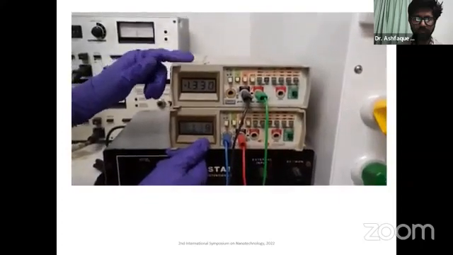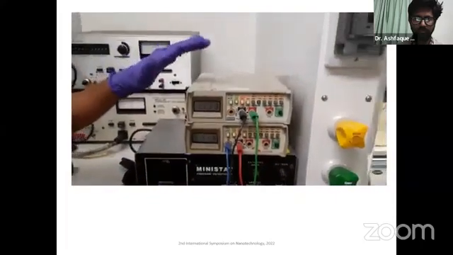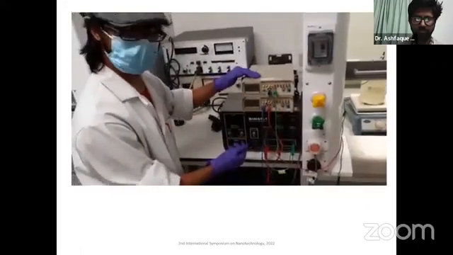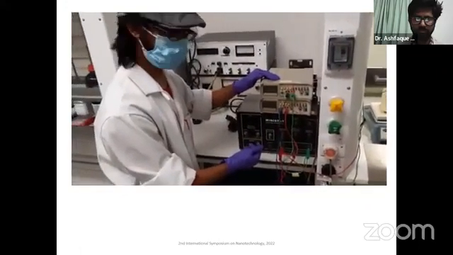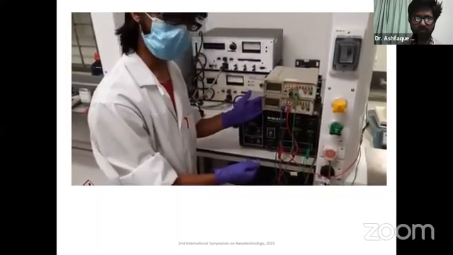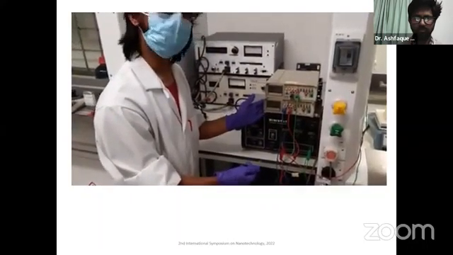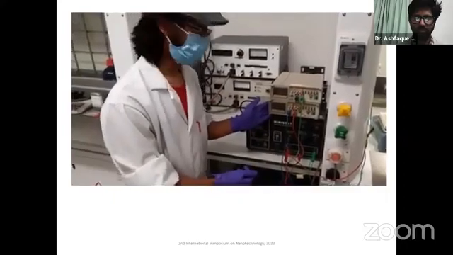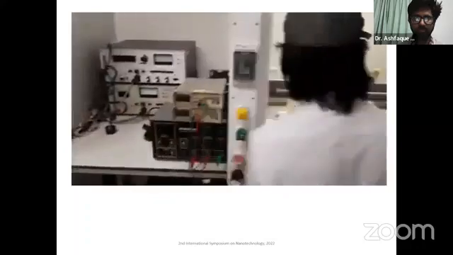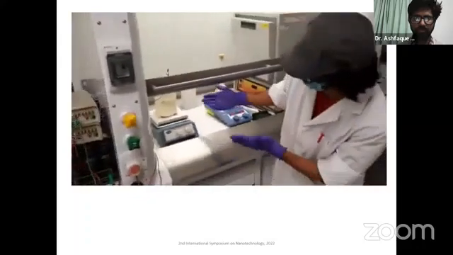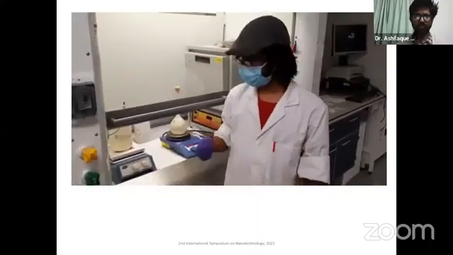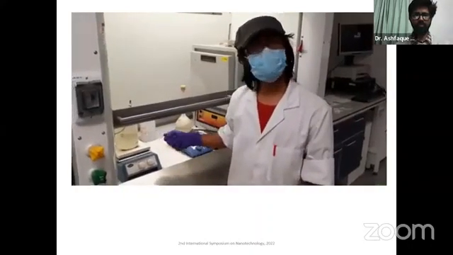This is the applied voltage across the two electrodes. This is the measured current due to that applied voltage through the electrolyte. We can grow the sample for a few minutes and see how it looks. We will show you the final result.